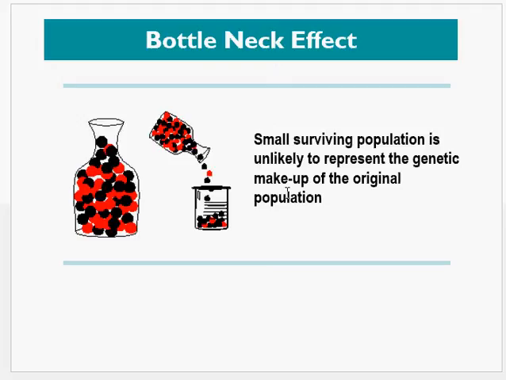So much so that it's been estimated that if you reduce the population by 90%, so there's only 10% of the individuals left, you would quite likely only have 50% of the genetic diversity or the allelic diversity left within that population.